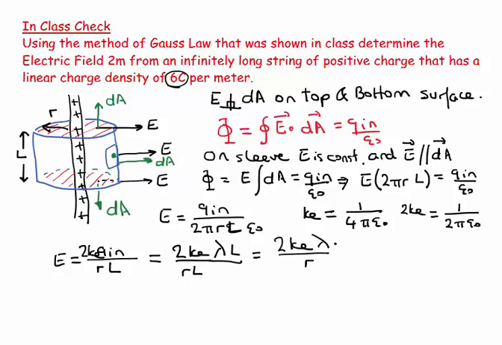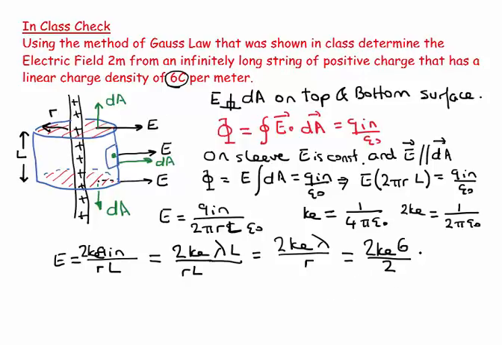That's something that you'll find in the textbooks. So then if I want to put numbers in, I know I have 2Ke. I have my lambda, and my lambda is 6 coulombs per meter. And my radius, the distance from the charged string to the point of interest, is 2 meters.